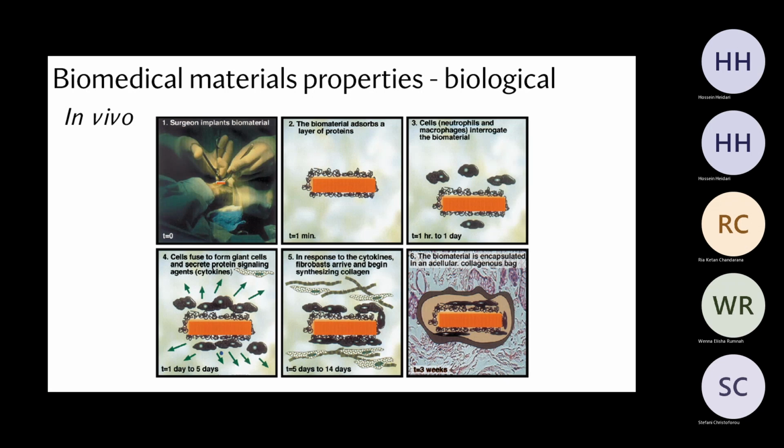Those same proteins initiate other events with the cells, and the cells approach the implant as an external body and try to interrogate the material, to see if it's a foreign body. Gradually, the cells form giant cells that secrete proteins that initiate signaling cascades to bring in the fibroblasts. The fibroblasts then make a collagen network, a microenvironment like the native tissue, and basically encapsulate the implant in collagen.